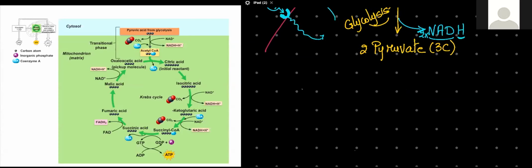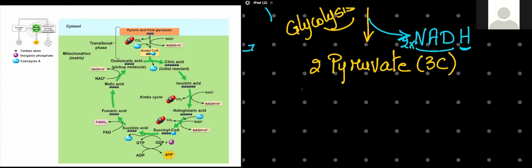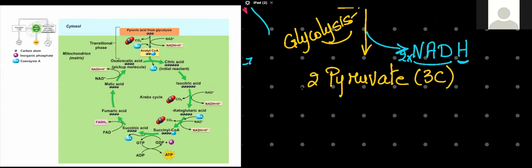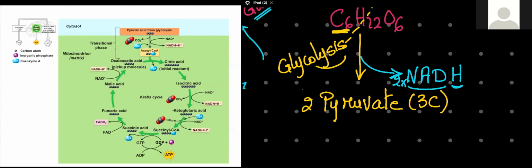So what we know, this pyruvate has 3 carbons, and each of them is going to have 5 hydrogens. And during this reaction, I don't want to get into the details of it, we're going to have a net gain of 2 ATP.